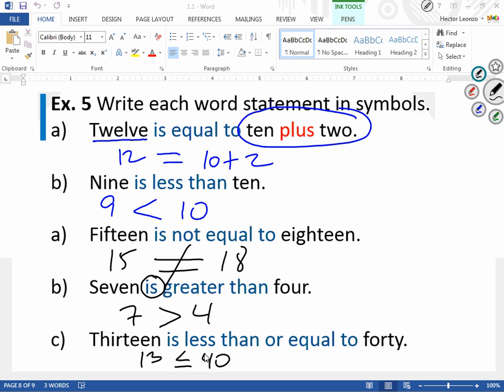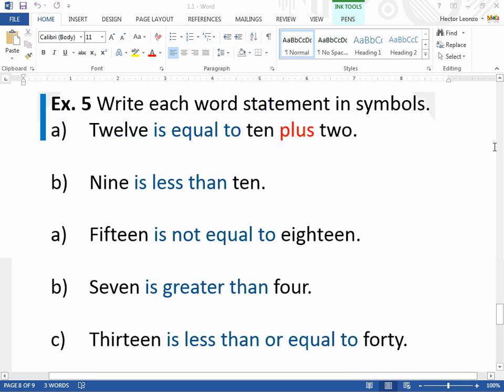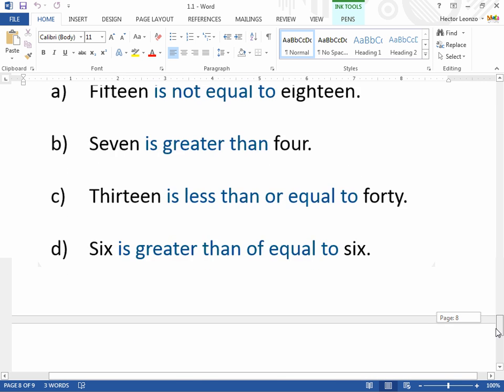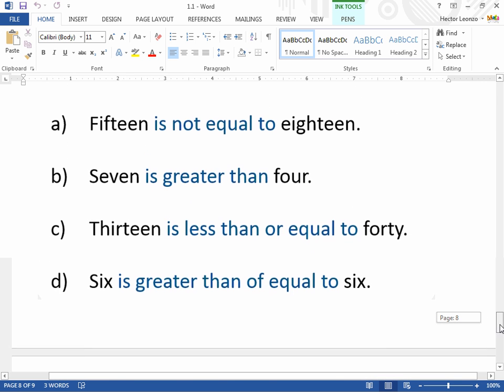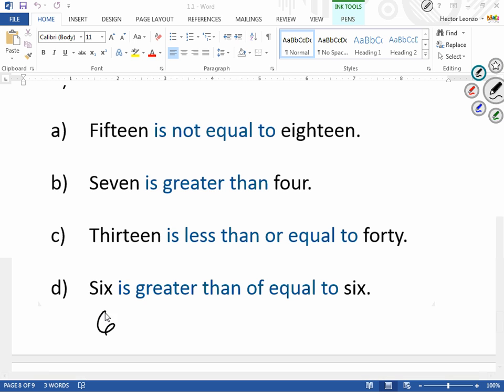So that's all we're asked in this case. And finally, I have one more example here. 6 is greater than or equal to 6. Notice how I wrote my expressions, but I was reading them little by little, so don't read them all at once. It's okay if you go step by step.